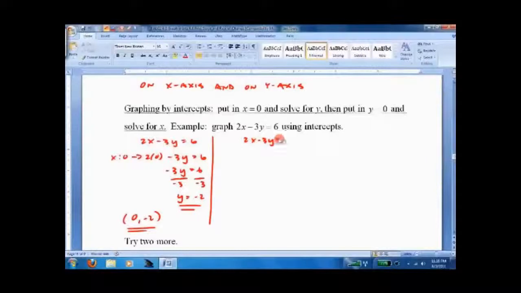Other half of the equation, 2x minus 3y equals 6. And now we do y equals 0. And we get 2 times x minus 3 times 0 equals 6. 2x equals 6. Divide by 2. X equals 3. Write the point out.